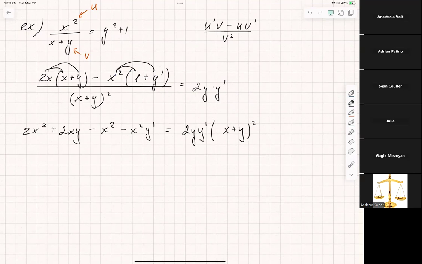So we did the cross multiplication here. And now let's combine the terms for, let me see.